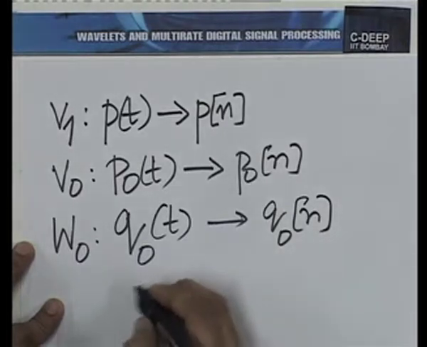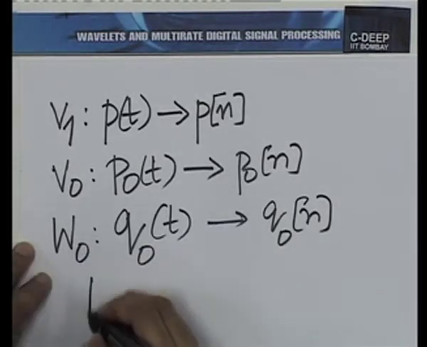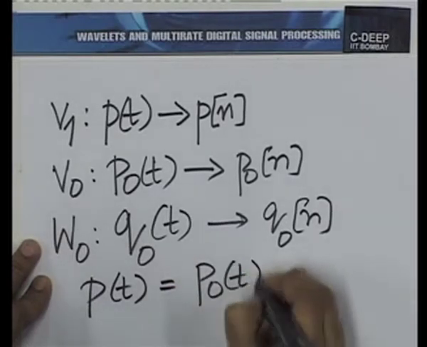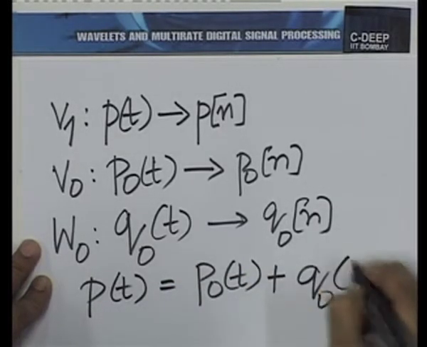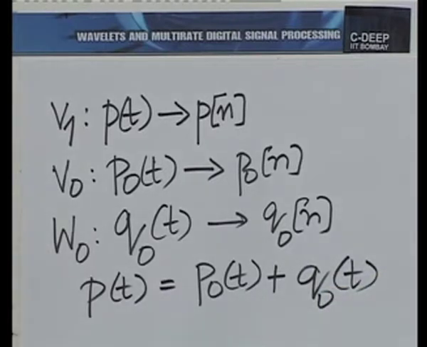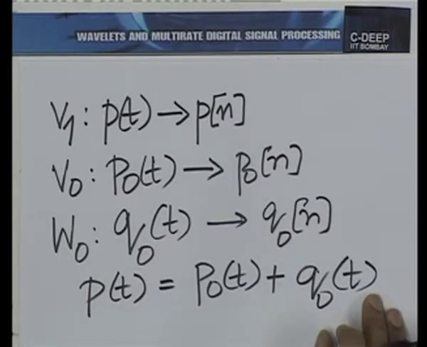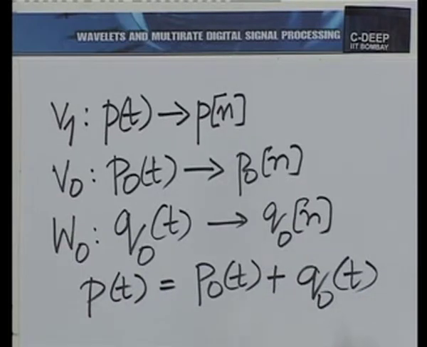So, Pt is of course equal to P0t plus Q0t, but Pn is not equal to P0n plus Q0n. That is not correct. That is because the orthonormal bases are different. So, now we need to establish a relation between P0n, Q0n and Pn, and that is the next task that we would like to undertake.